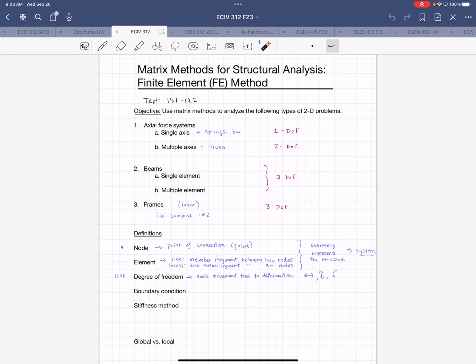Degree of freedom, right? We define that as ways that a node can move that is tied to deformation of the structure. So we went back then and identified how many degrees of freedom each of these different types of systems represents, right? So for axial force systems, single axis axial force systems, right?